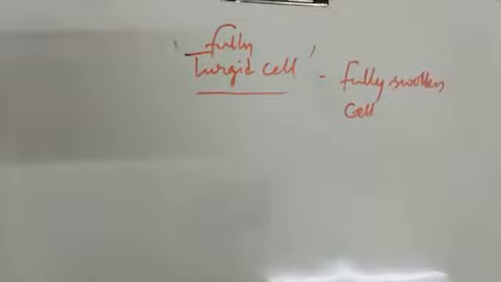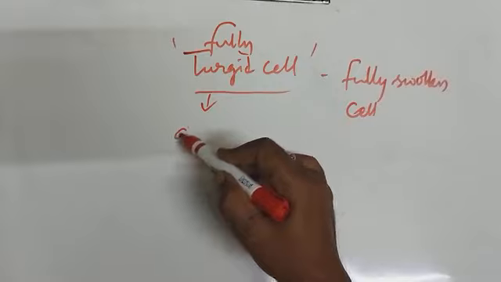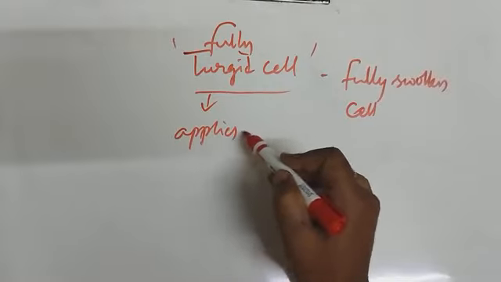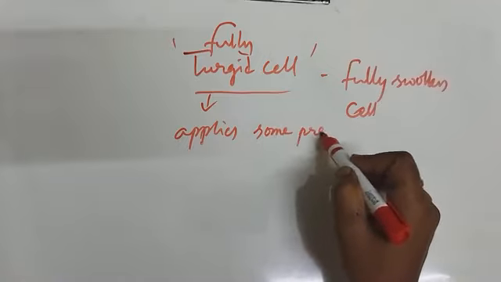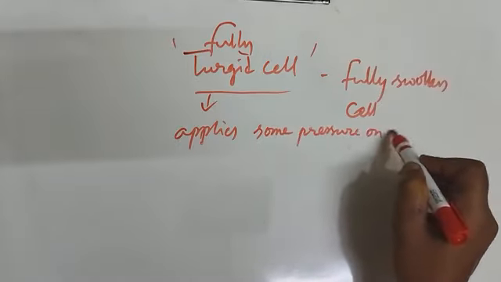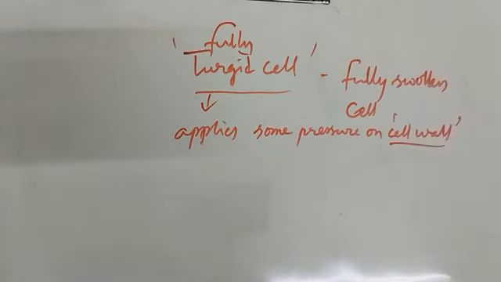The plasma membrane of the fully turgid cell applies some pressure on the cell wall. If the cell wall is very sensitive and allows it to swell, then it will cause bursting of that cell.